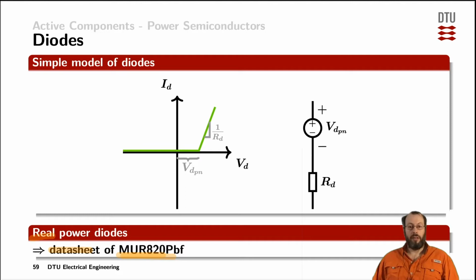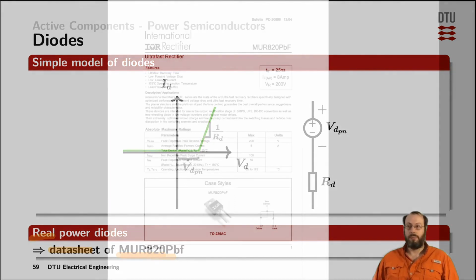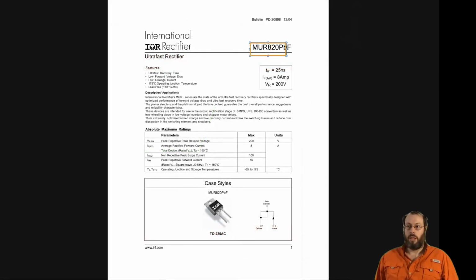But now let's have a look into the datasheet of this specific diode. The cover page of the diode MUR820 datasheet looks like this. It describes the most important parameters for a practical engineering task to actually choose whether this diode is adequate for the project at hand or not.